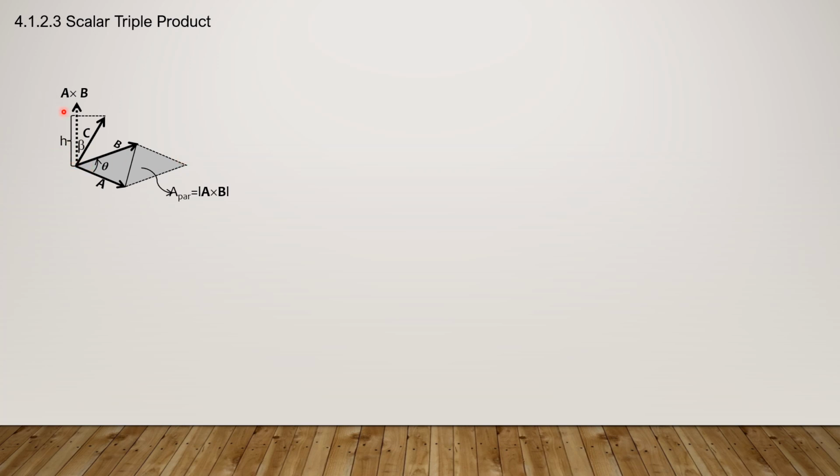We will call the altitude h, so that's beta. So if we obtain the dot product of A cross B and C, we will have an expression for the height of the rhomboid. So this is the rhomboid.